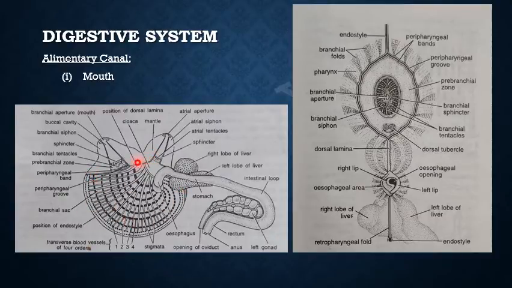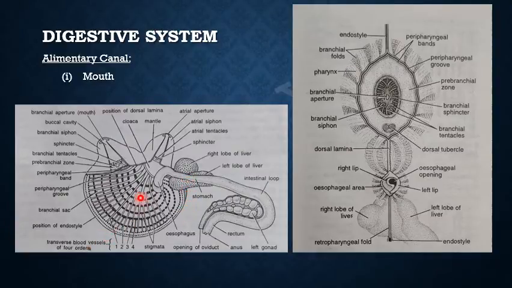This is the dorsal lamina, and it is continuous with this posterior peripharyngeal band, and on the ventral side the posterior peripharyngeal band is continuous with the endostyle. So it is like this.